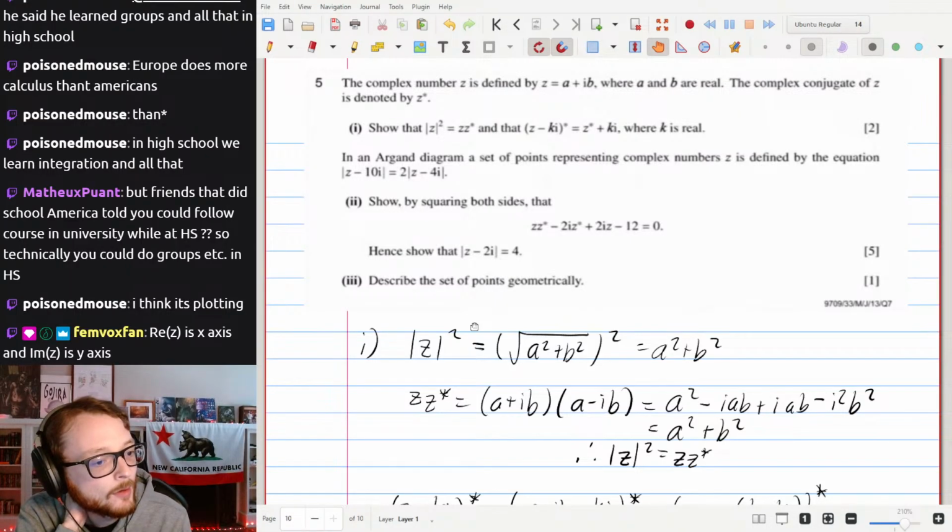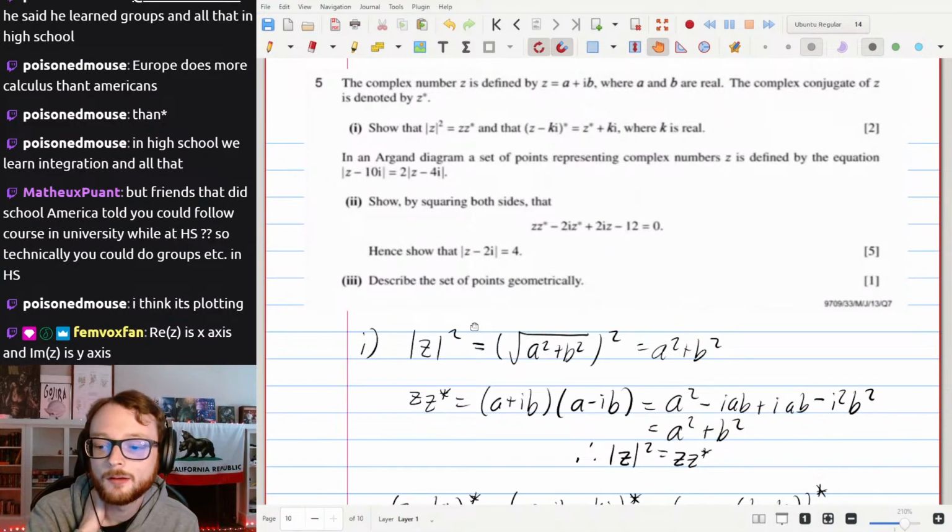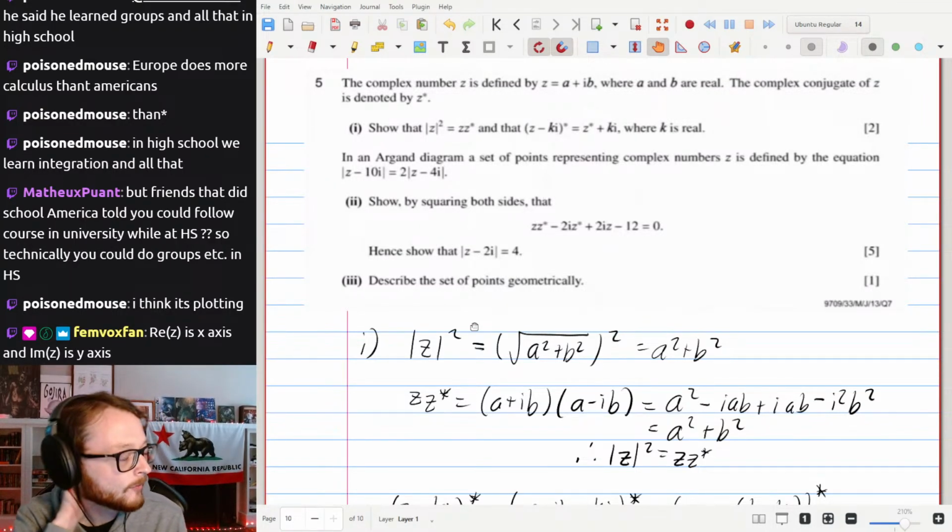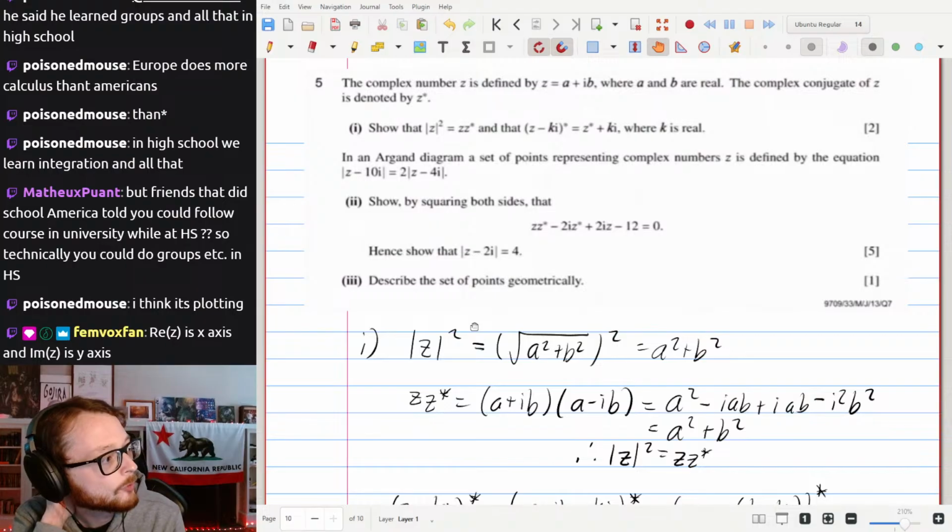Friends that did school in America told you could follow a course in university while at high school. Technically, you could. It depends on the high school for what they offer. At my high school, we only had calculus and statistics as the university level courses offered to us.